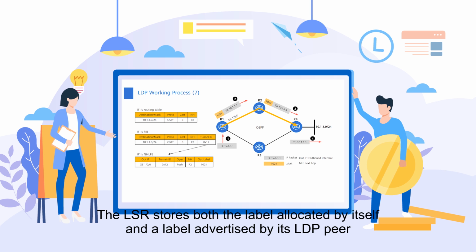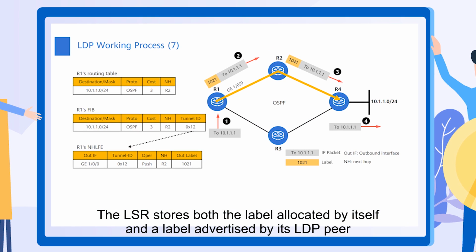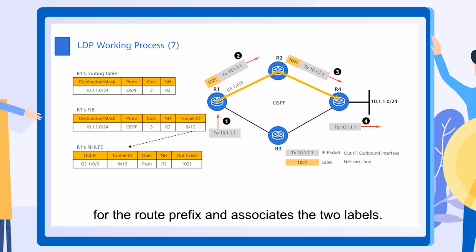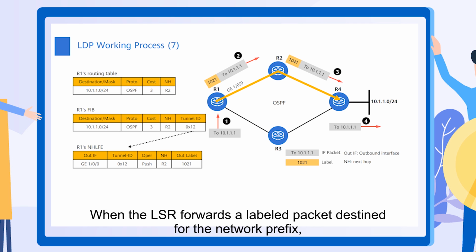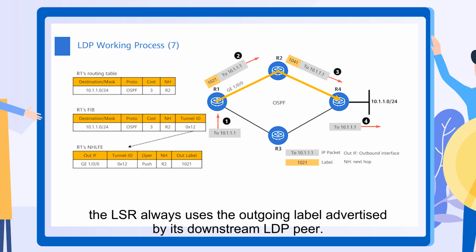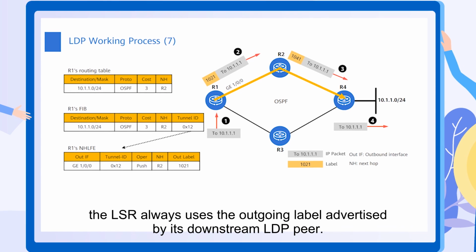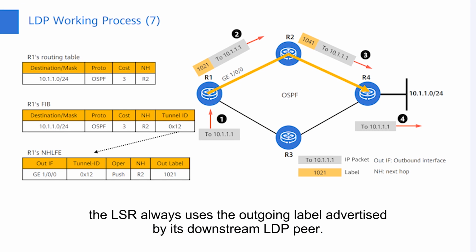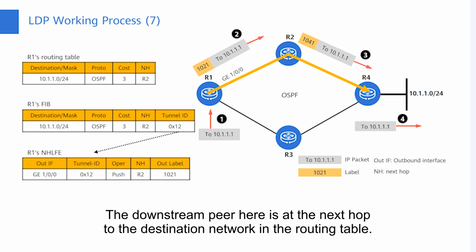The LSR stores both the label allocated by itself and the label advertised by its LDP peer for the route prefix and associates the two labels. When the LSR forwards a labeled packet destined for the network prefix, the LSR always uses the outgoing label advertised by its downstream LDP peer. The downstream peer here is the next hop to the destination network in the routing table.